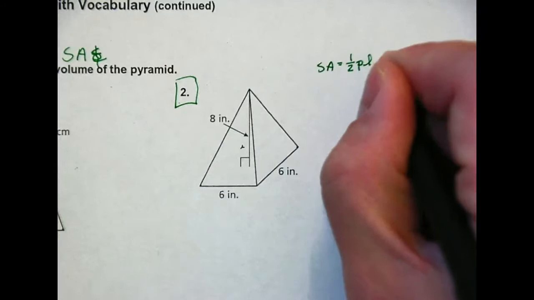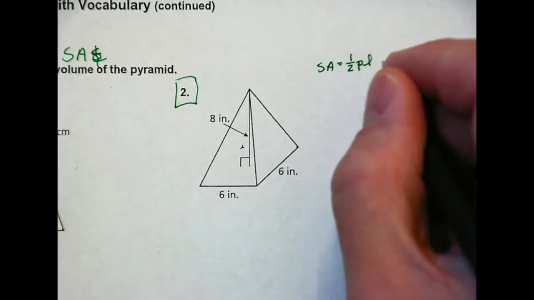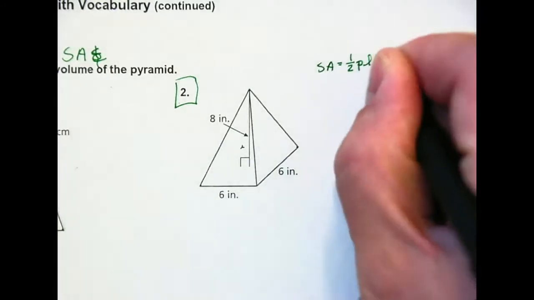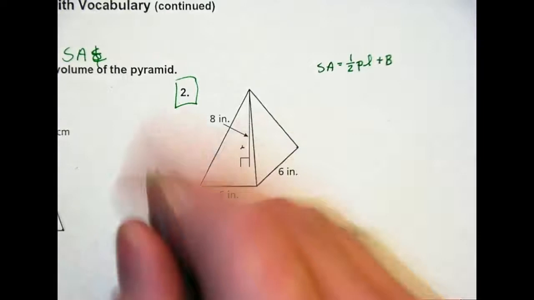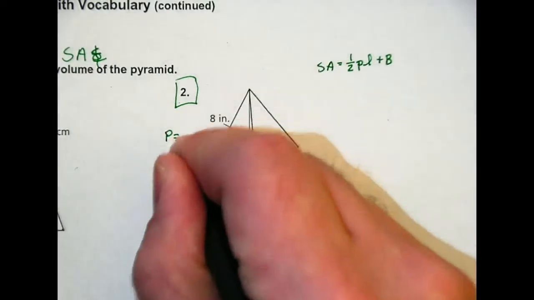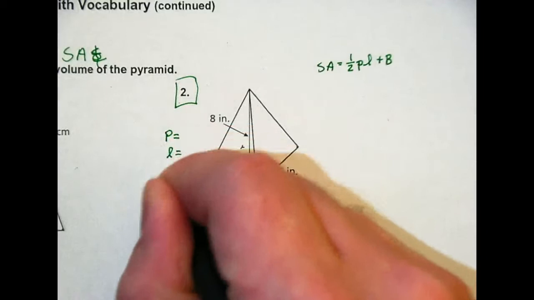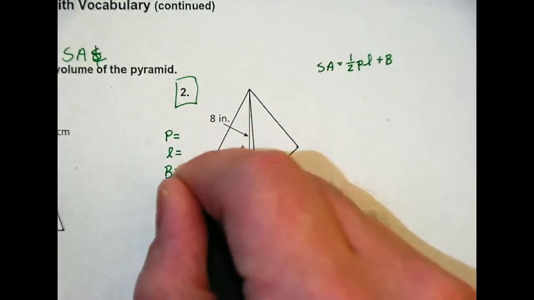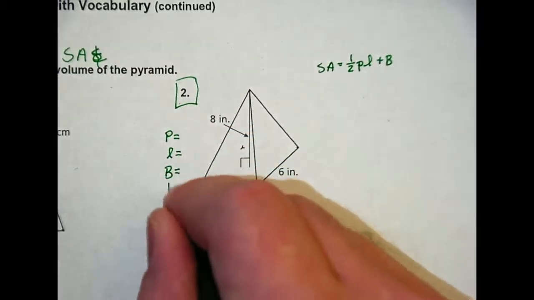Plus base. Okay? So what we need to know is P, we need to know L, and we need to know the area of the base. And in fact, when we're finding volume, we also need to know the height.